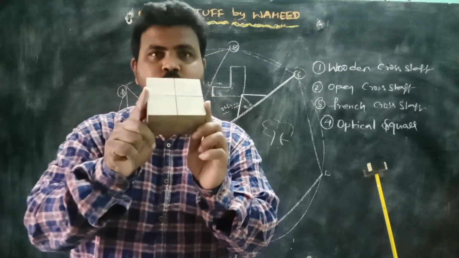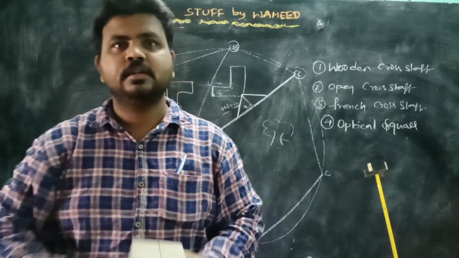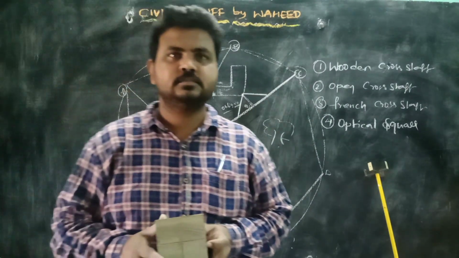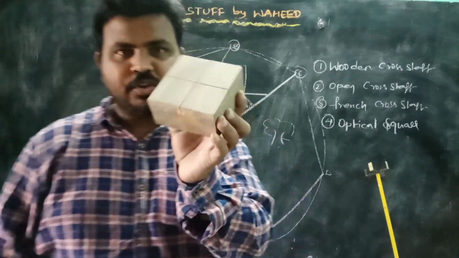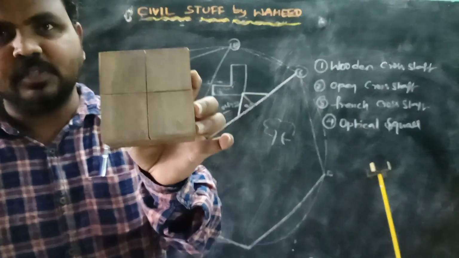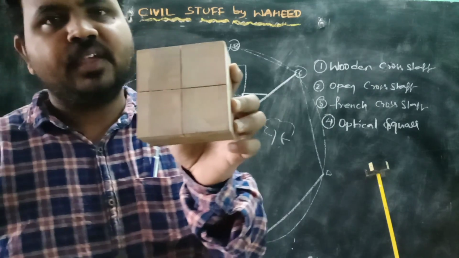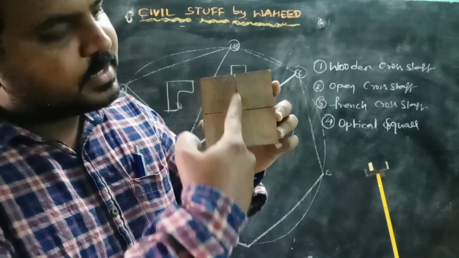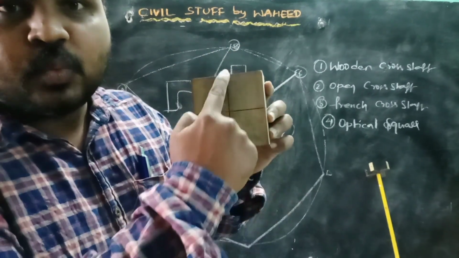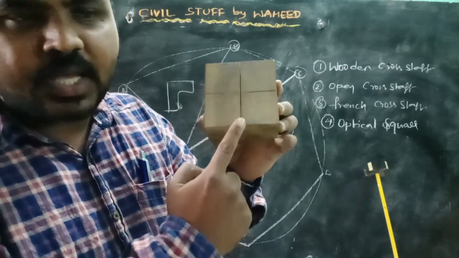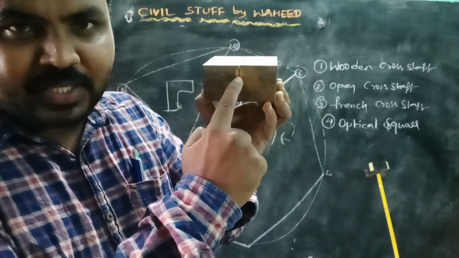So now, what you are going to see here is a wooden crosstalk, where you can see these slits which are perpendicular to each other. Now this will be cut up to here.